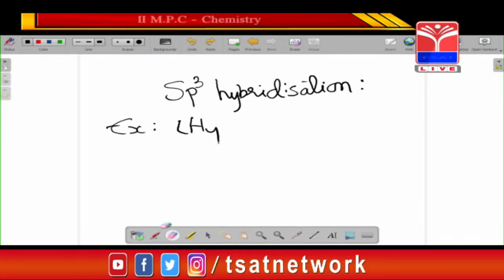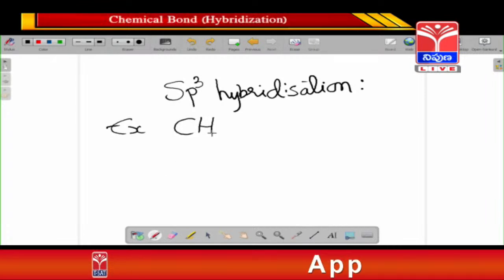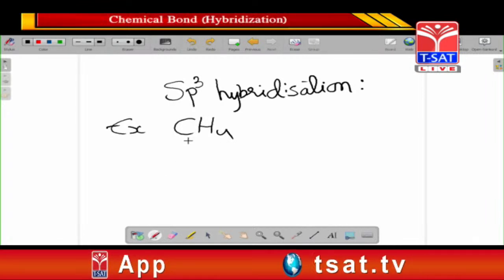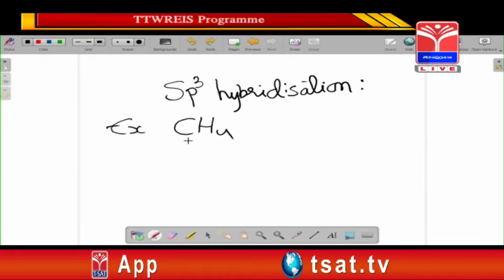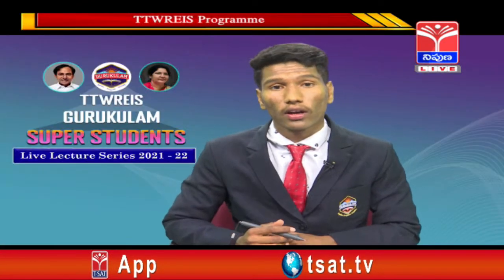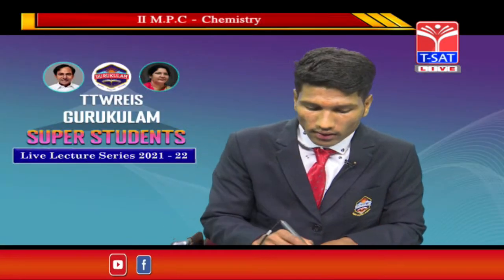CH4 is the best example for sp3 hybridization, where carbon is the middle atom. So its structure is tetrahedral. I will draw that.